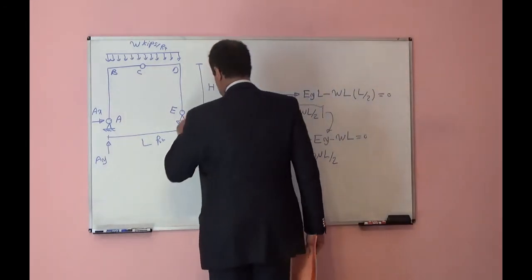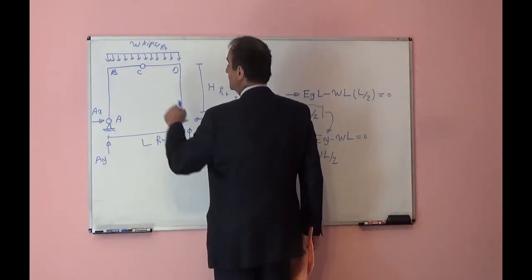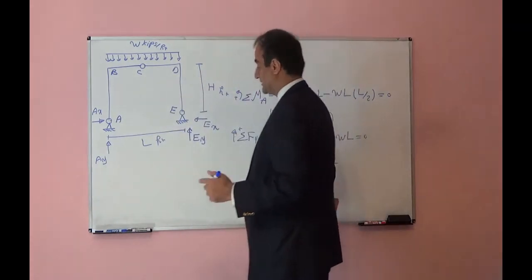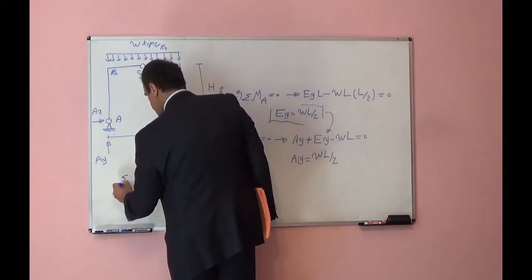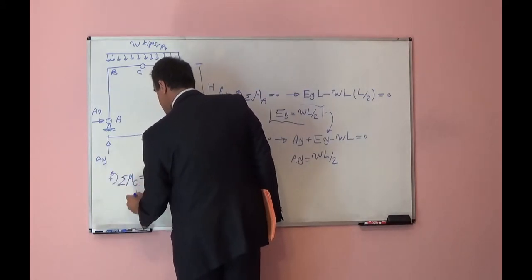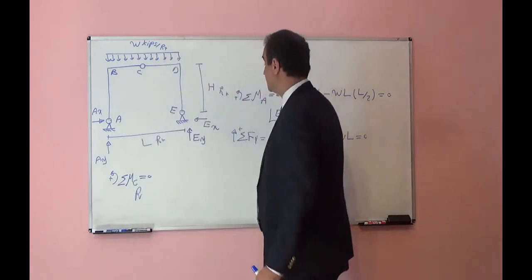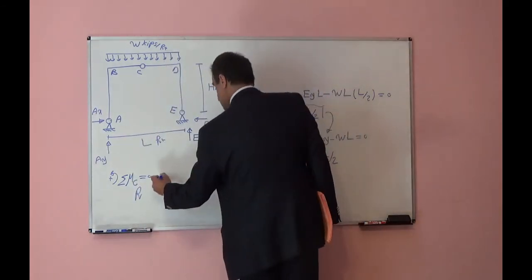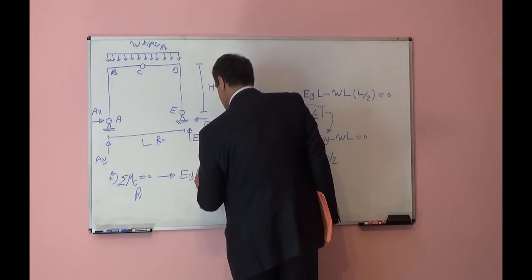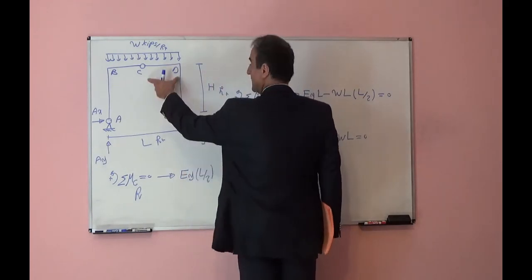Now I want to find EX. In order to find EX, I can take moment respect to point C for right side only. So summation of moment respect to point C is equal to 0 for right side. In that case, I can write EY times L over 2.